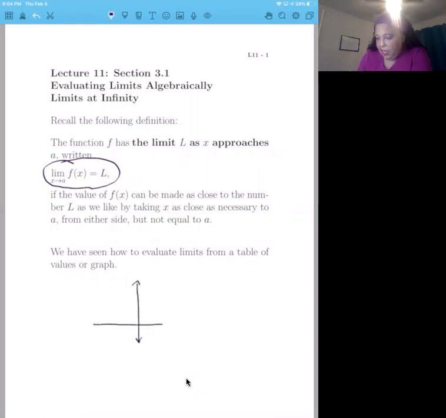If I had, say, a parabola that looked like this, y equals x squared, and I wanted to know the limit as x goes to -1 of x squared. Well, I know that that point right there is (-1, 1).